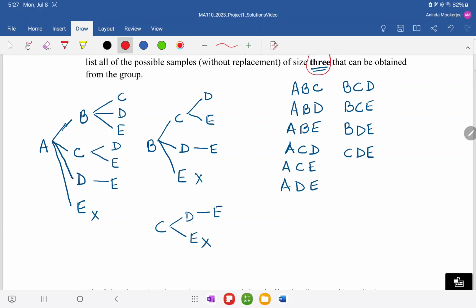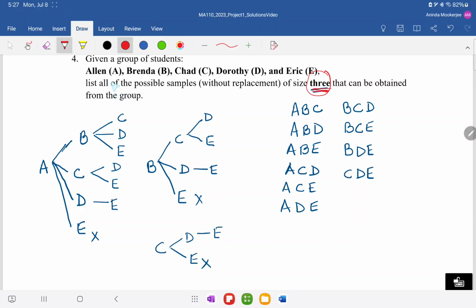I always use this method because I want to get it right the very first time. All right, so since they said size 3, that means we have to draw 3 names randomly. So there are going to be 3 draws. Now in the first draw, I've listed just the notations, the initials of each name, A for Alan, B for Brenda, and so on.